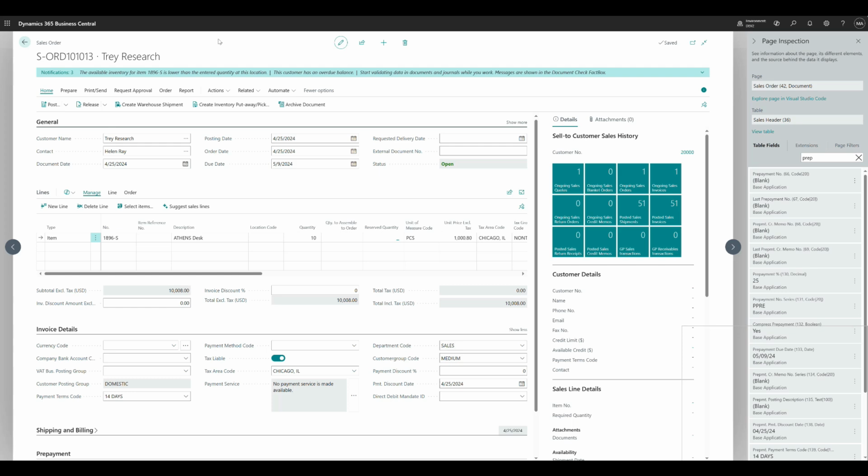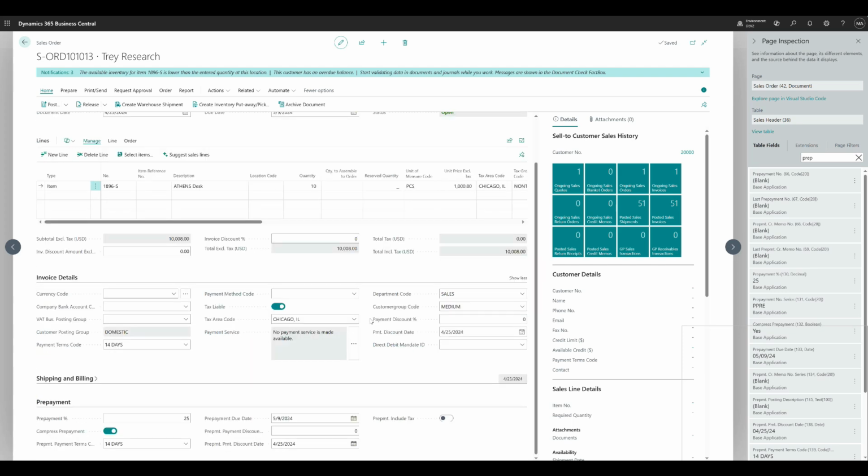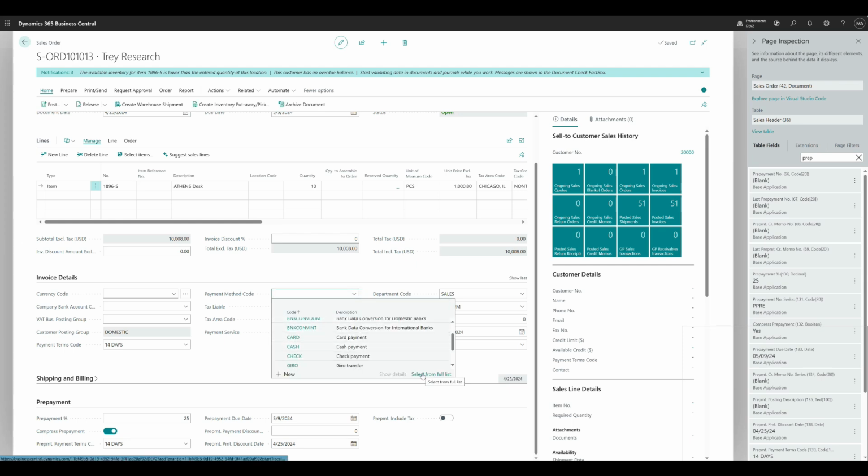Can you pay us the 25% right away? To tell the system that we receive the prepayment automatically at the time we post the prepayment invoice, we have to choose a payment method code that allows for such instant payment.